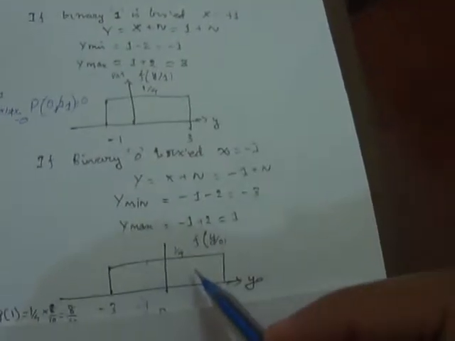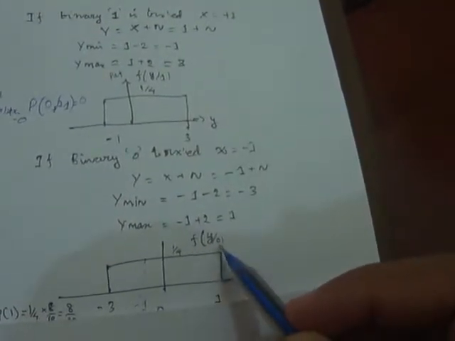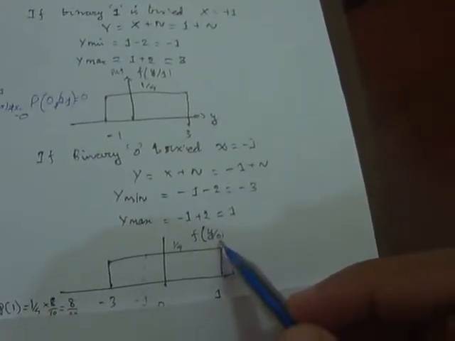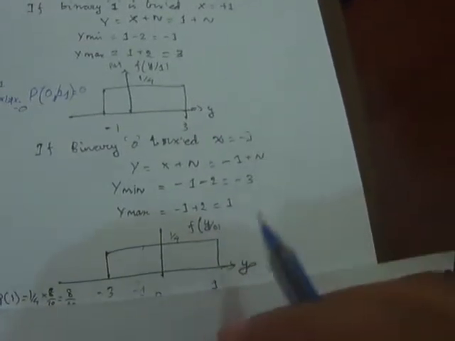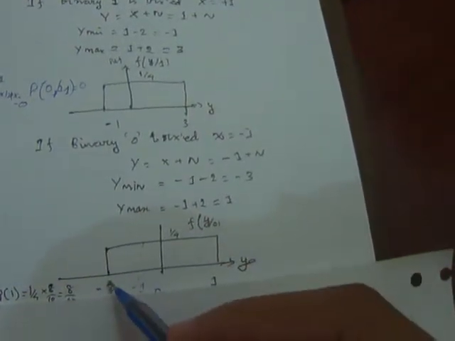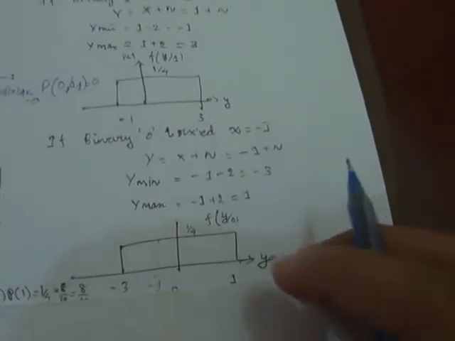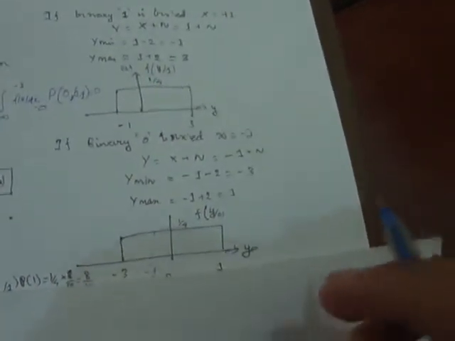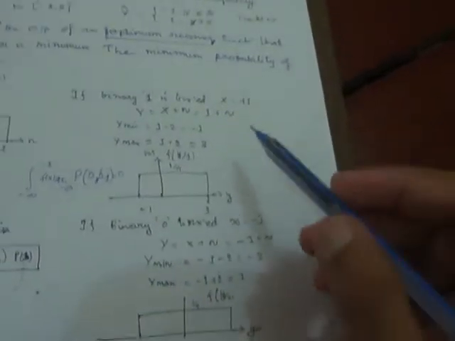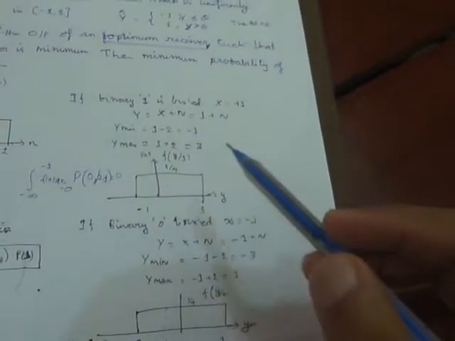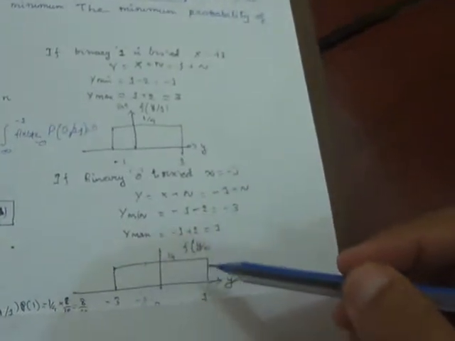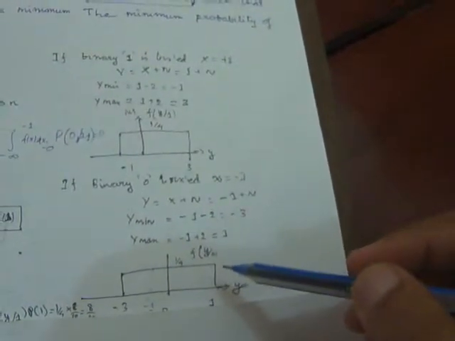This is the probability density function when 0 is transmitted: minus 3 to 1, and the amplitude value is 1 by 4. We get the probability density function when binary 1 is transmitted here, and when binary 0 is transmitted here.